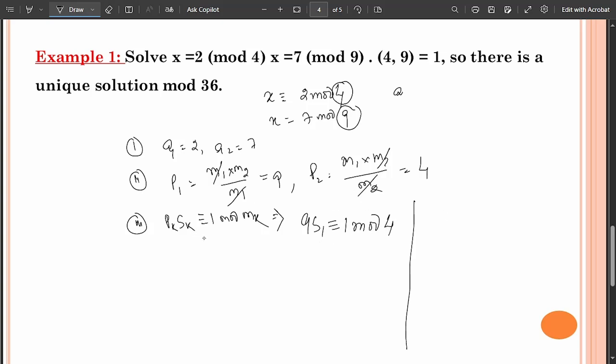Another is p2 s2 congruent to 1 modulo m2, that is 4 s2 is congruent to 1 modulo 9.